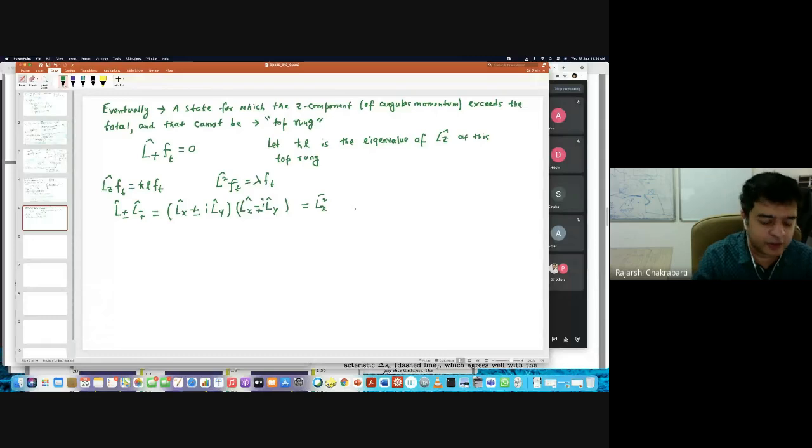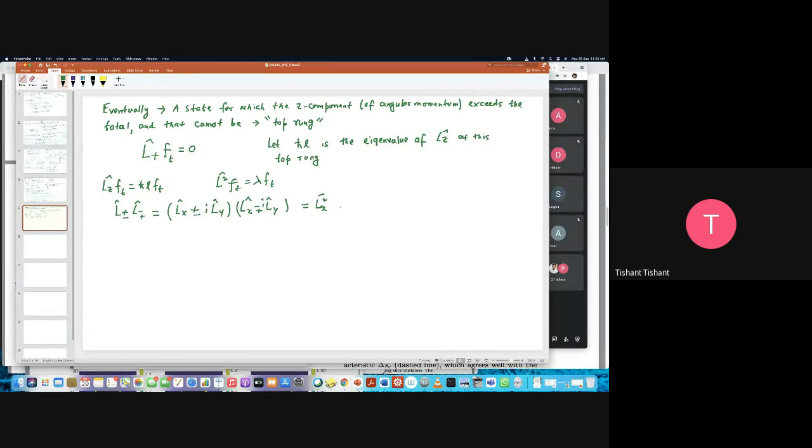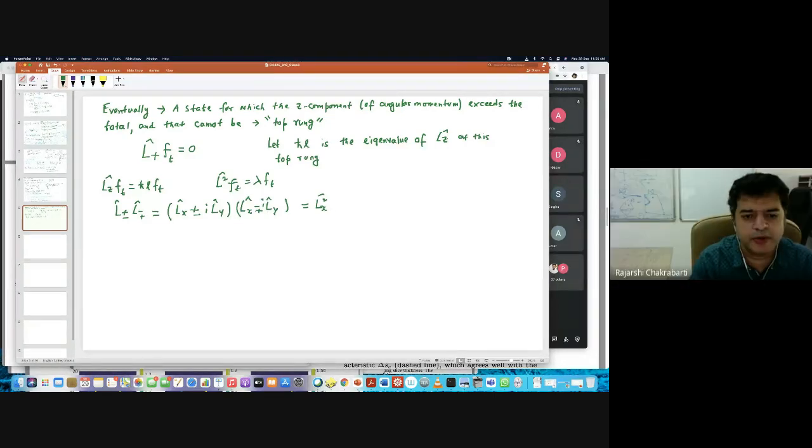Now if I multiply this with this, what I am going to get? Ly square, obviously. i square will give me -1, but this plus and minus will give me another minus. So it is always plus, because here also you have minus and plus. So this will give you plus Ly square.